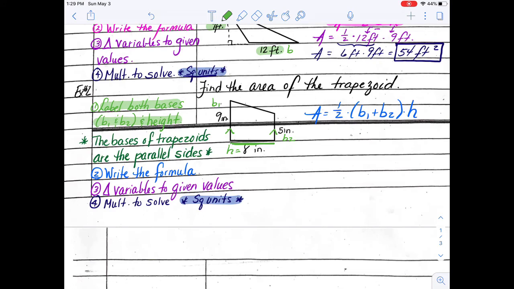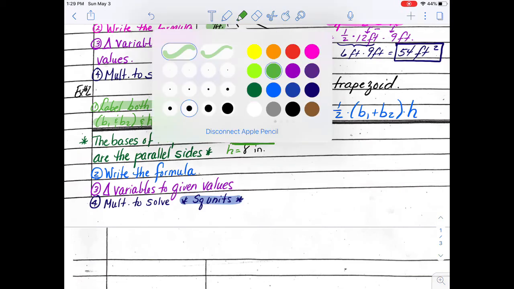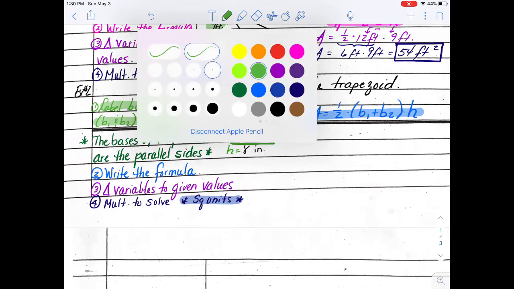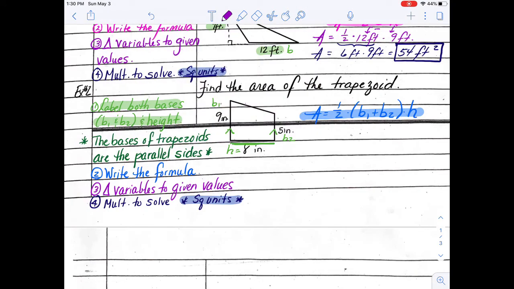Now that I know what my base 1, base 2, and height are, I can go on to write that formula, which I already did for you right here. The formula is area is 1/2 (base 1 plus base 2) times the height. Then we replace those variables with the values from my problem. So area is 1/2 base 1, well, I made the 9 inches my base 1, plus base 2, I made that my 5-inch length.